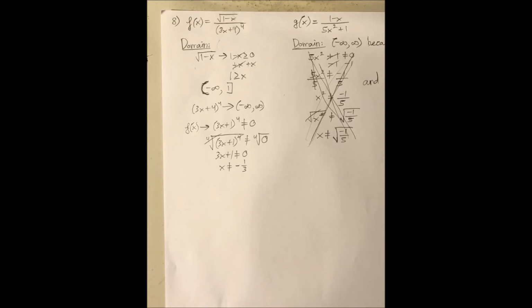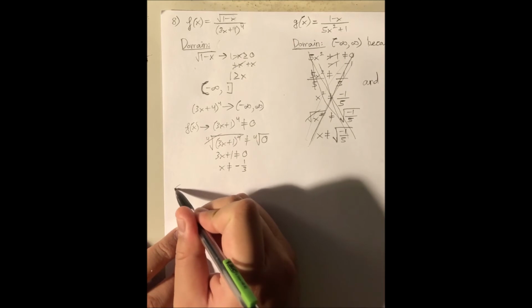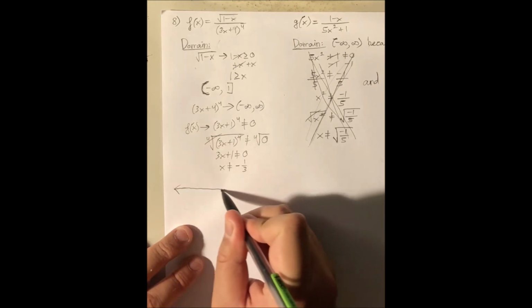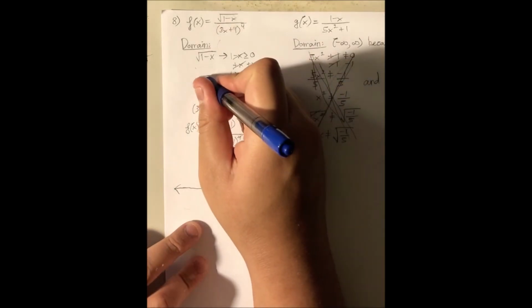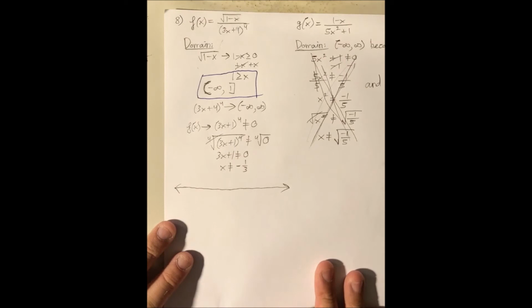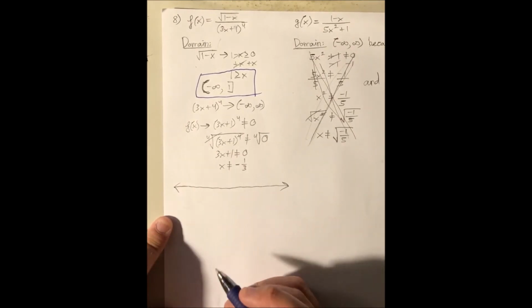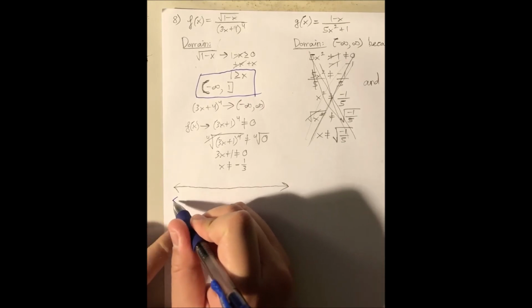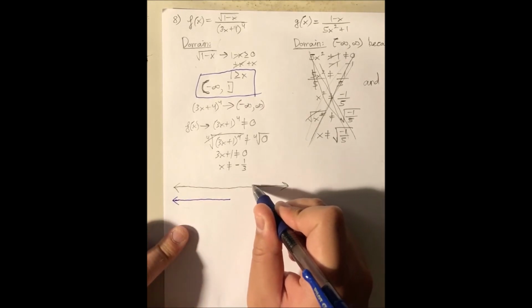So for the function f alone, I'm going to sketch a number line and find its domain. For the numerator, it's from negative infinity all the way up to and including 1, so maybe I'll put 1 right here.